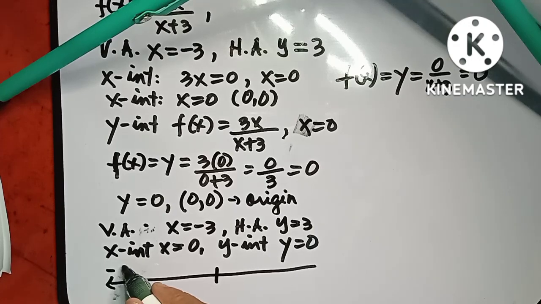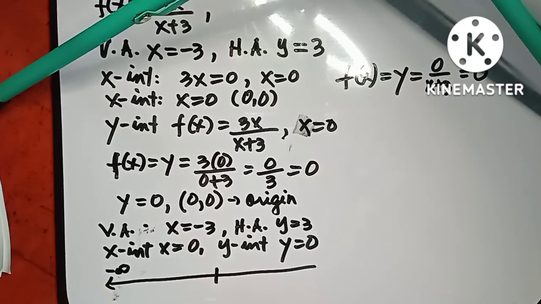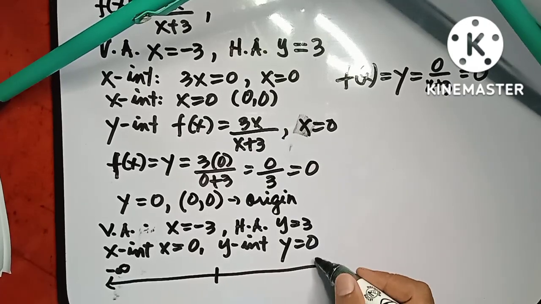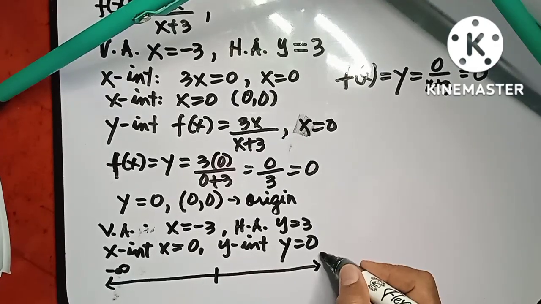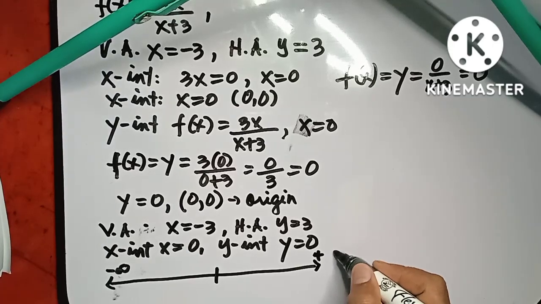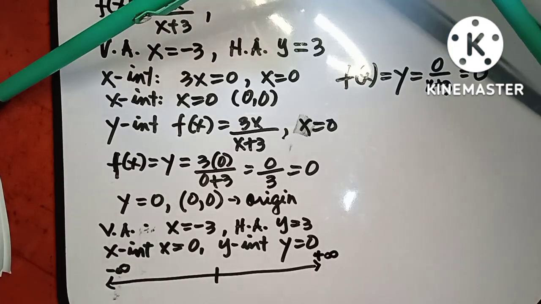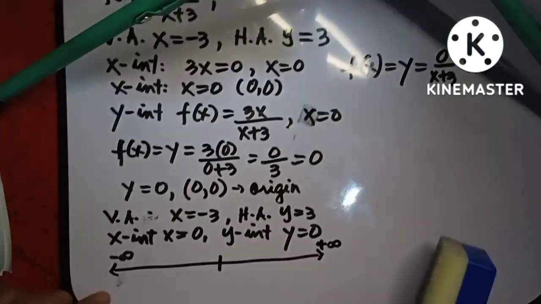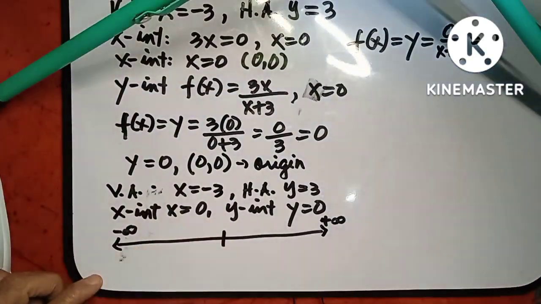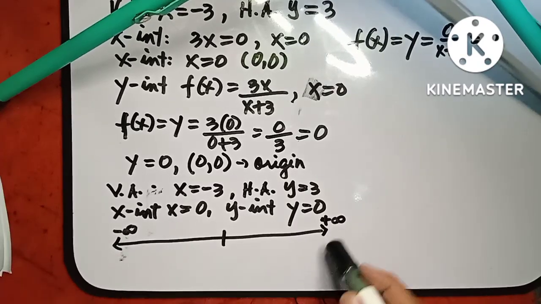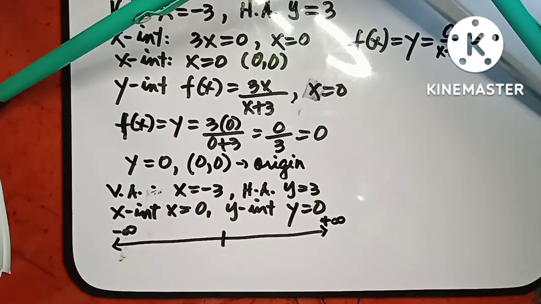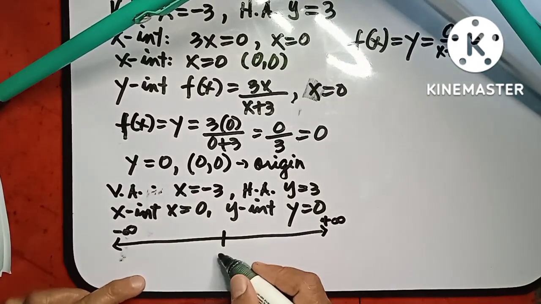At the end of the number line, at the left is the arrow, that is negative infinity, and at the right, positive infinity, and this is negative 3.